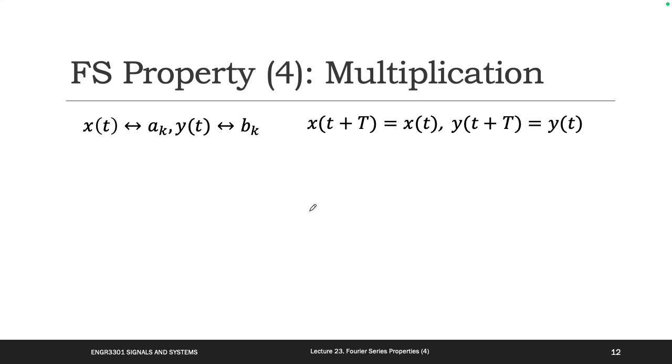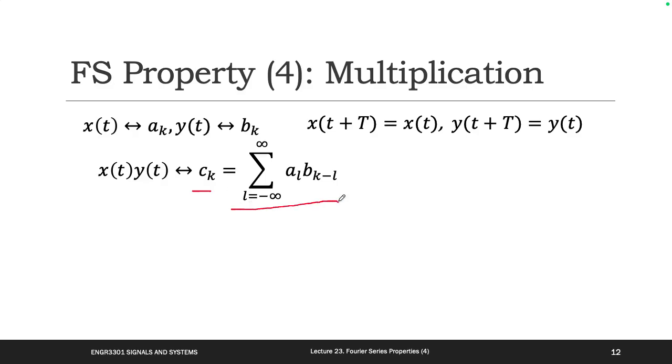If you multiply XT and YT, the FS coefficient equals this one. AK is the FS coefficient for XT, and BK is the FS coefficient for YT. Are you familiar with this one?